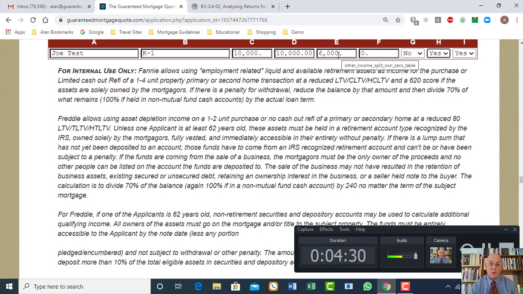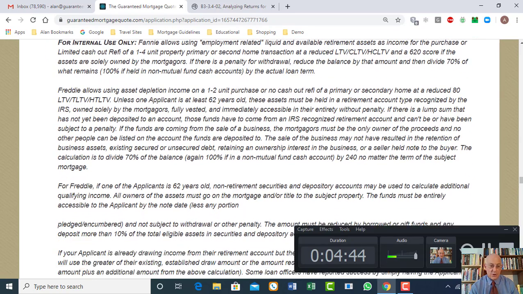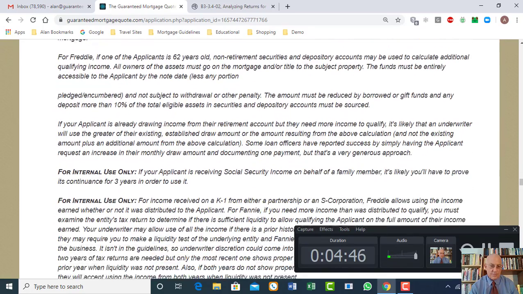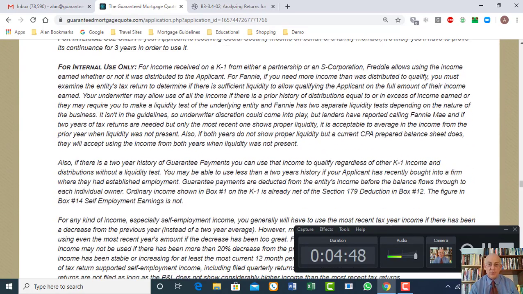If they had a tax return that hadn't filed yet, you'd include that amount or ask about that amount, and you would ask if any income had already been distributed year to date. And then, as they were looking through the guidelines and the discretionary topics, they would come to a discussion of this issue. So that'd be right over here.